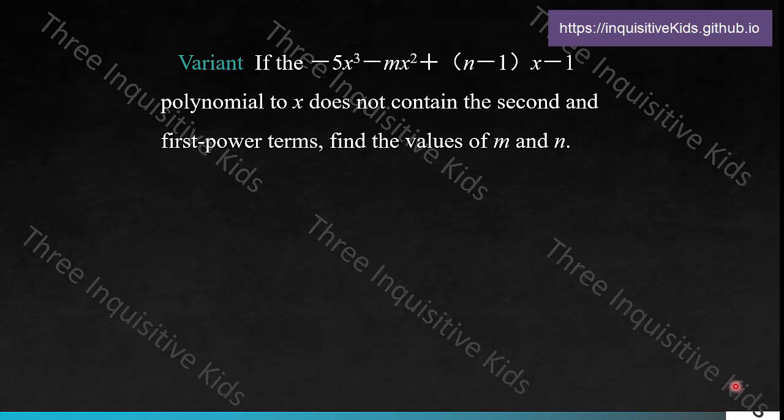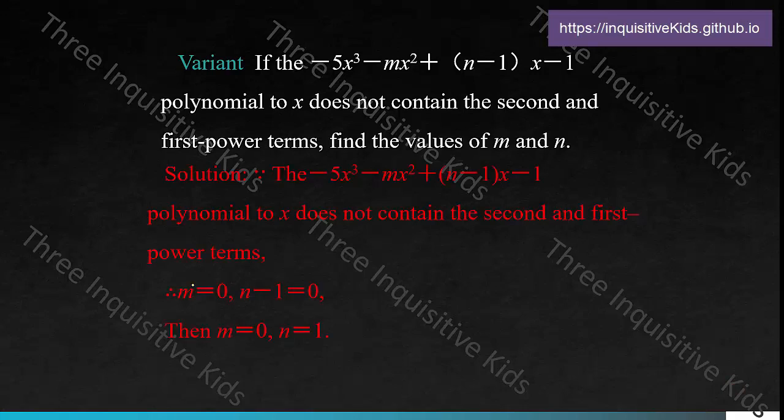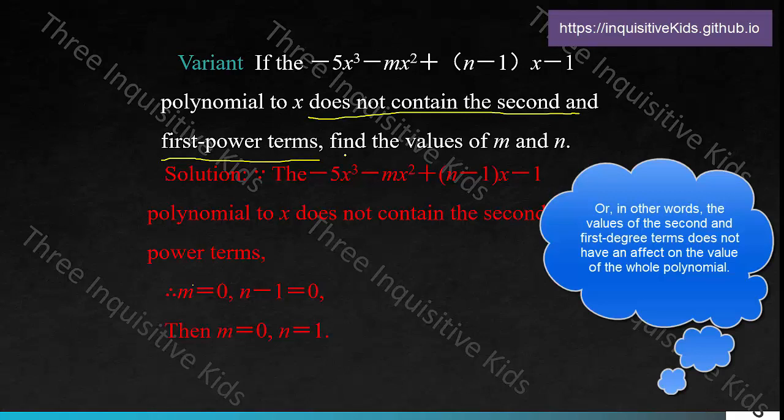Okay, did you get an answer? Did you try? Were you confused at something? So let me go over that again. The key point here is the polynomial does not contain the second and first power terms. What does that mean? Any term that has a degree of 2 or 1 is not included.